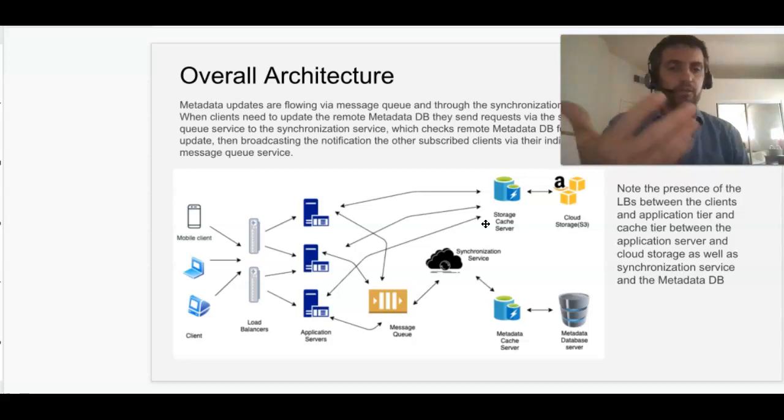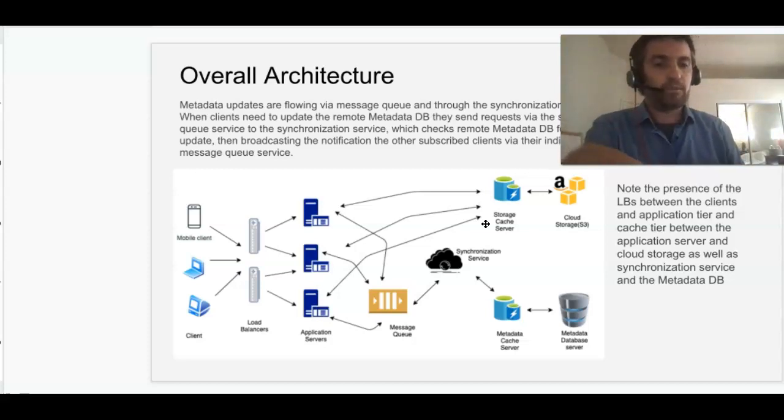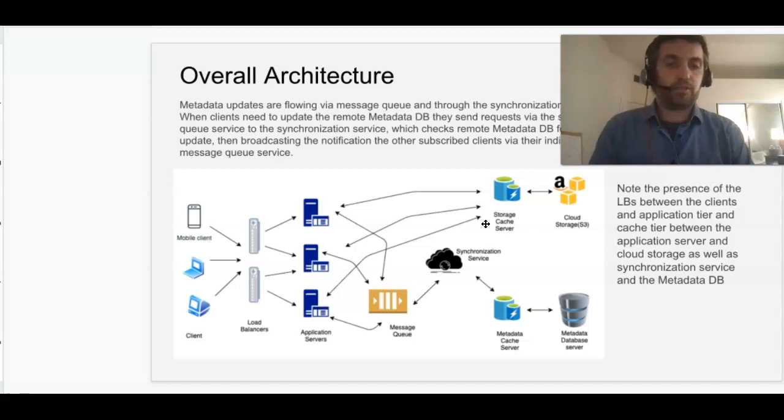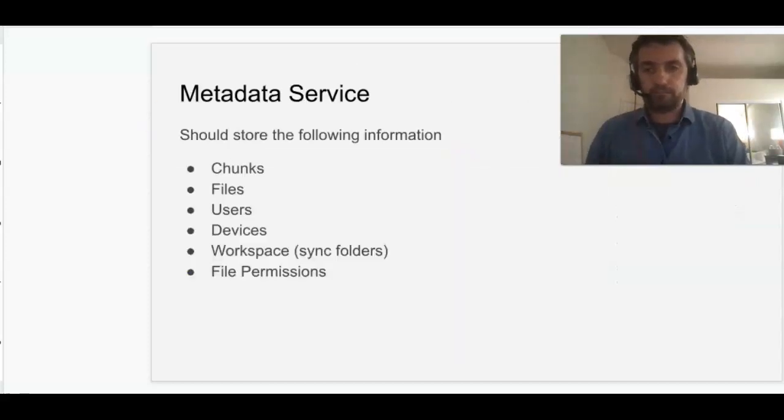Why do we split storage, the object storage or cloud storage, and the metadata server? Like, isn't the object already contained? Does it already contain the metadata? The reason for that is because the metadata server is specifically designed to keep the metadata, and it could be really elaborate. It could have a lot of metadata, especially when you talk about a service as complex as Dropbox, because as you saw here on the slide, there's a lot of metadata that we need to keep.